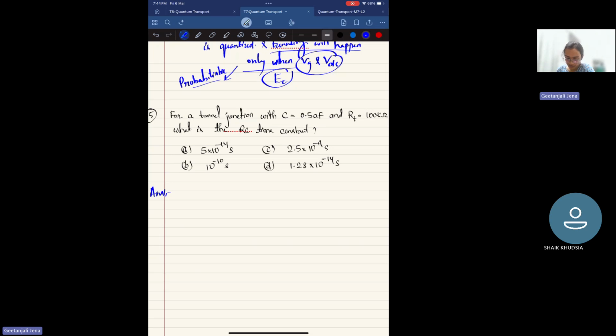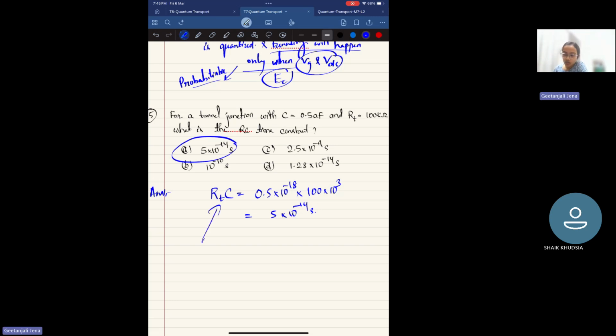Option B. So the RC time constant is nothing but RT times C. C is given as 0.5 into 10 to the minus 18 and RT is 100 kilo-ohm. So this will give 5 into 10 to the minus 14.